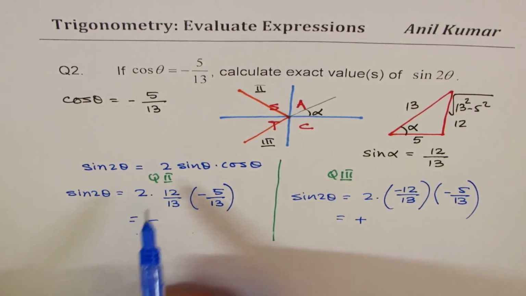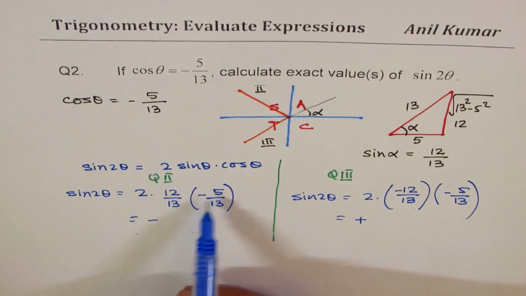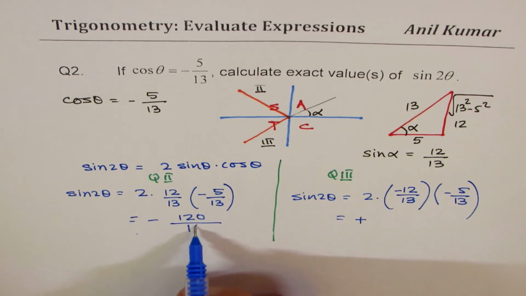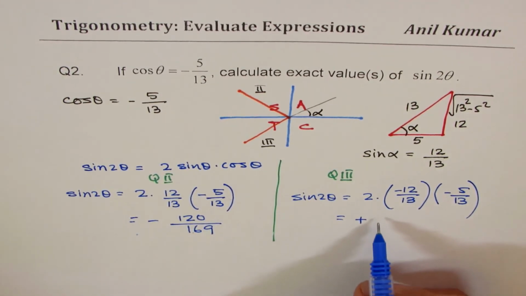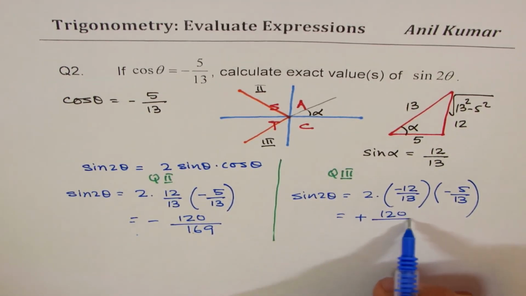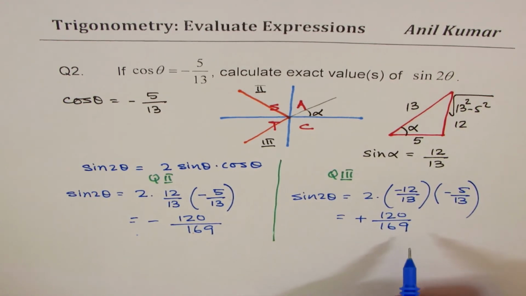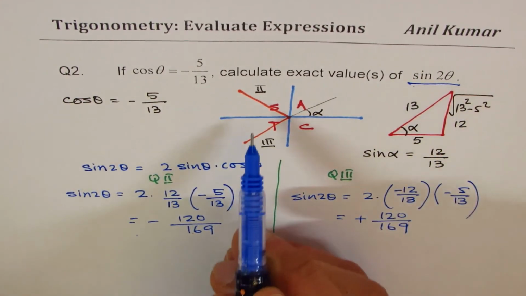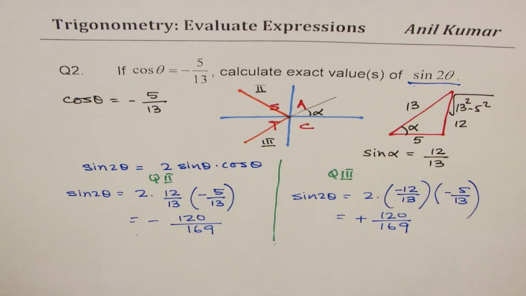Is that clear? 5 times 2 is 10, and 10 times 12 is 120. 13 square is 169, and here we get 120 over 169. So these are two different values of sine 2 theta depending on which quadrant we are considering. That's very important to understand. So I hope it is absolutely clear.